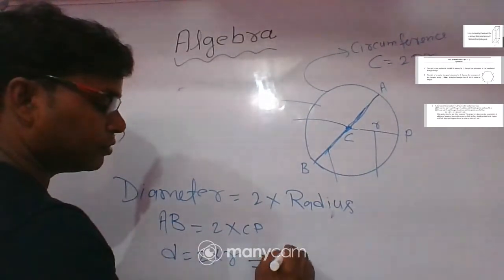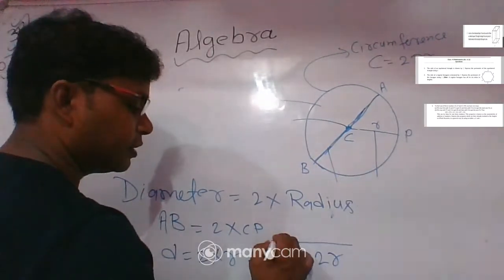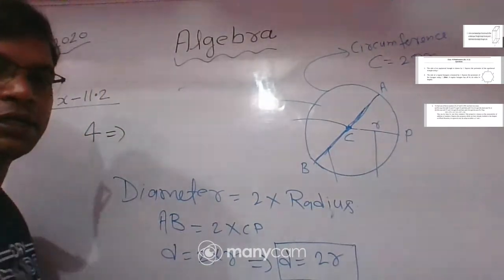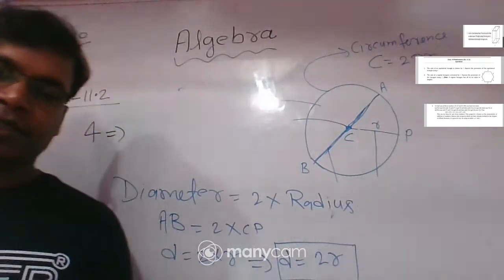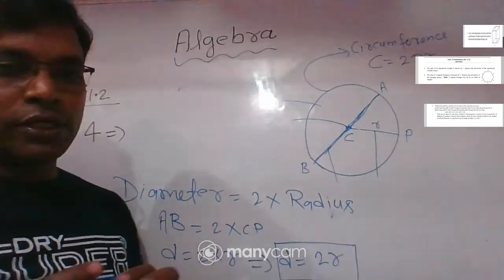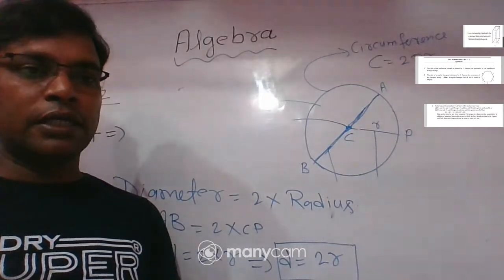This is the relation between radius and diameter. Understood?